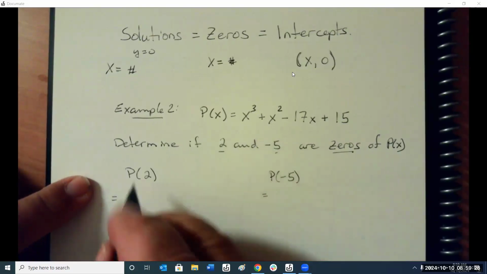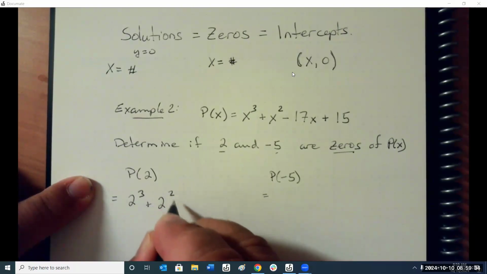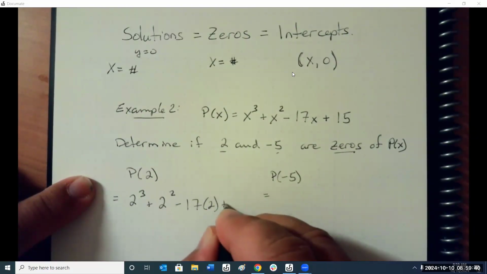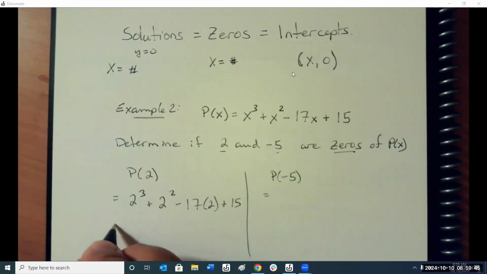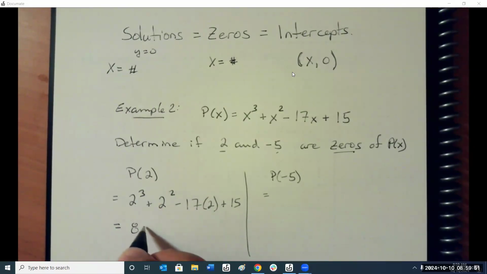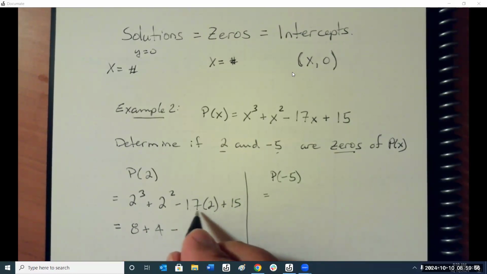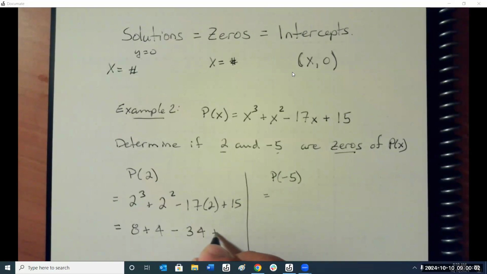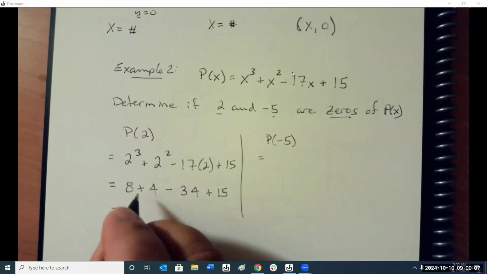So let's see this. We have 2 to the power 3 plus 2 to the power 2, minus 17 times 2 plus 15. 2 to the power 3: 2 times 2 is 4 times 2 is 8. 2 squared is 4. 17 times 2 is 34 plus 15. 8 plus 4 is 12.